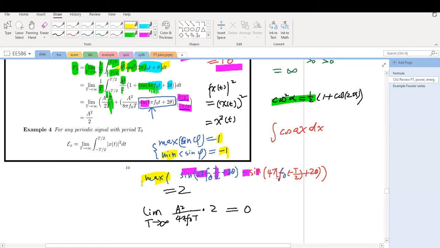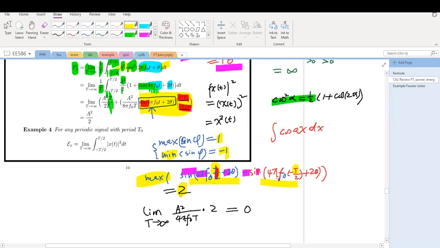So therefore, for any value of big T, whatever big T is, the maximum of this difference cannot be greater than 2. So the maximum value of this definite integral, in the yellow highlighted portion, is 2.